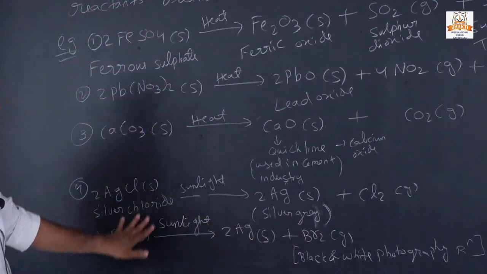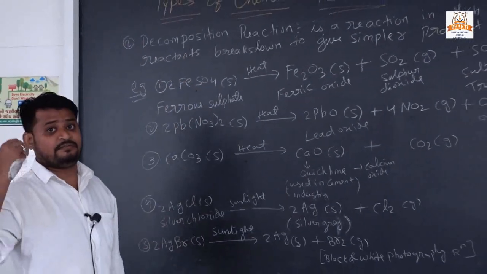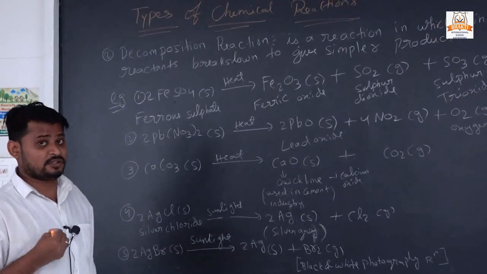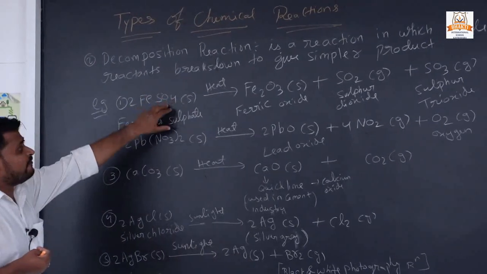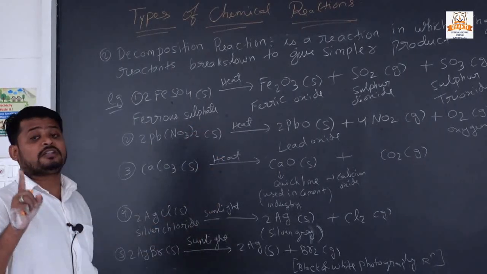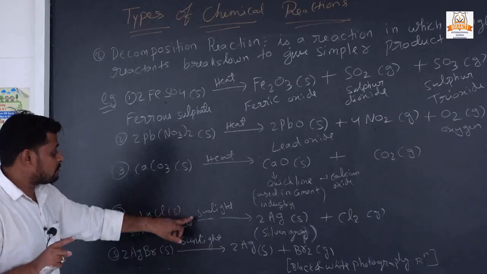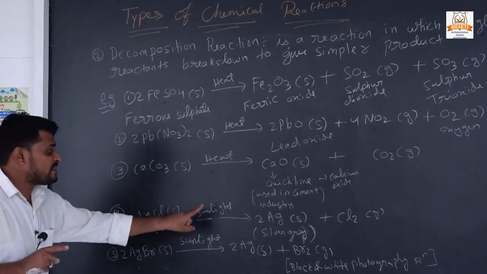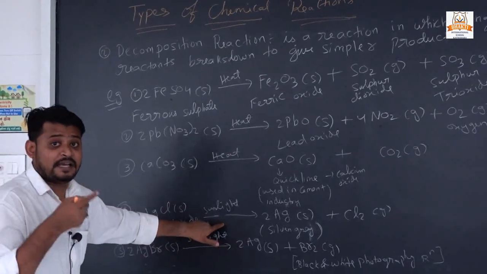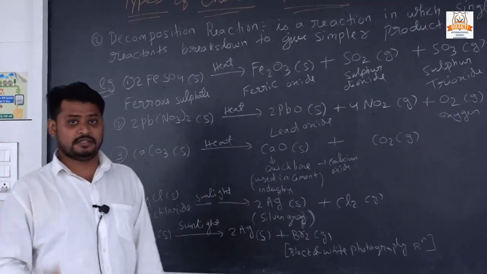Now we have seen five examples, and decomposition reactions are of three types. What are they? When we separate a compound by heat, it is called thermal decomposition. When we separate a compound by sunlight, it is called photochemical decomposition.